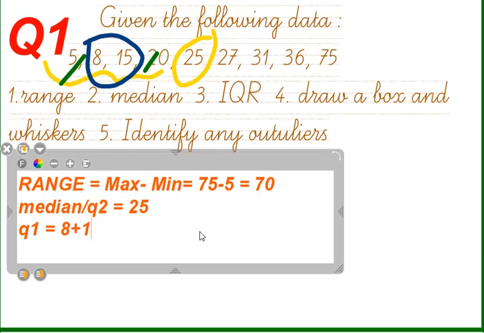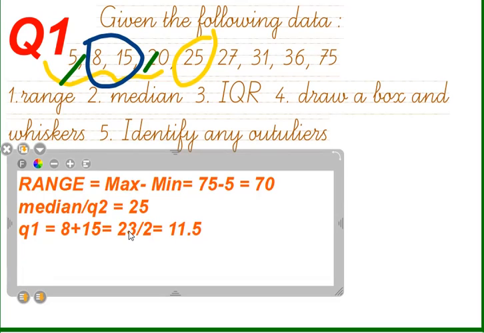So 8 plus 15 is 23, and 23 divided by 2 is 11.5. So Q1 is 11.5.